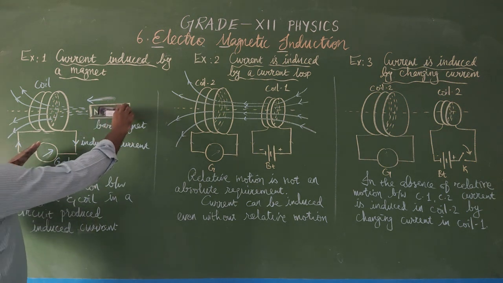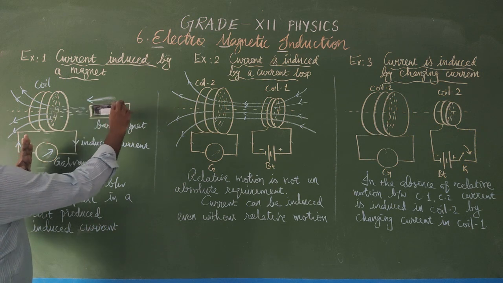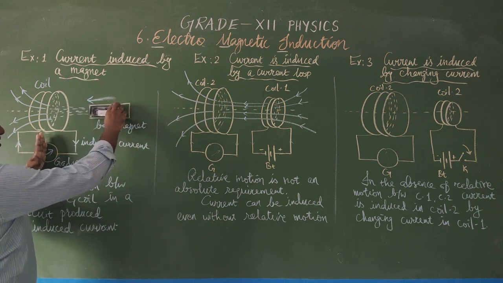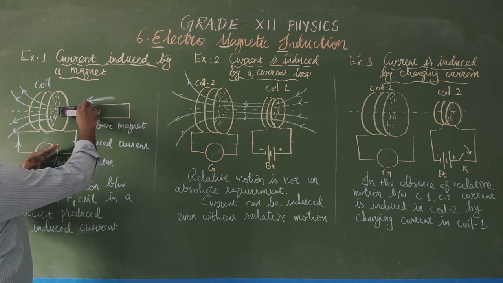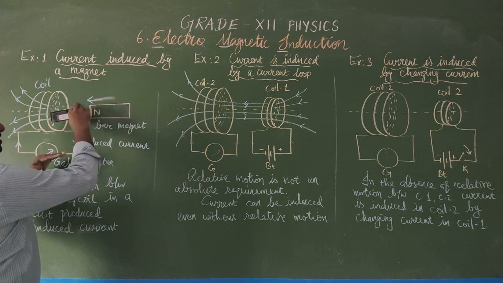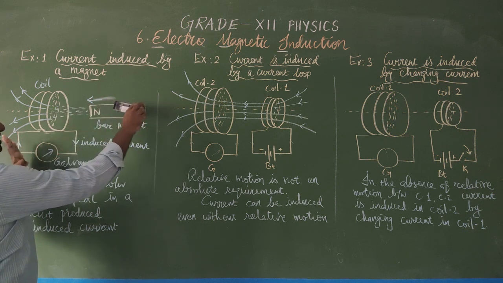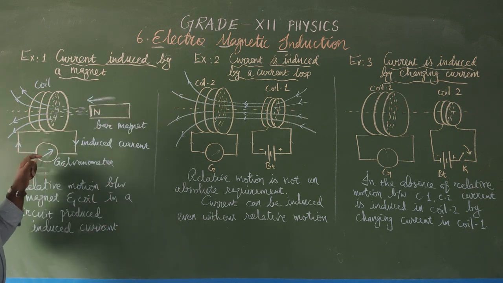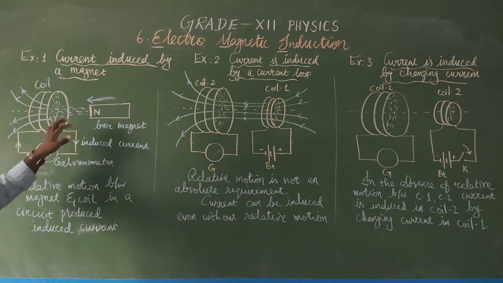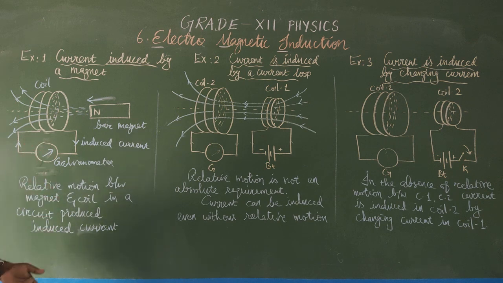Initially, if you are not moving the magnet, it is at zero. While moving inwards, the deflection is on one side. When it is drawn outside, the deflection is in the opposite direction. It is due to the induced current. So the magnetic flux linked with the coil changes and EMF is induced.